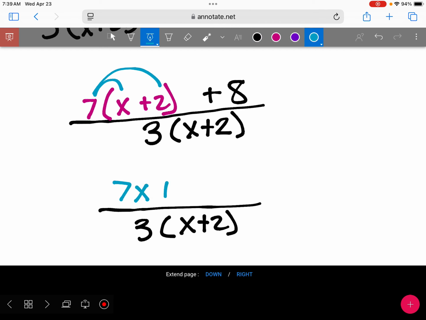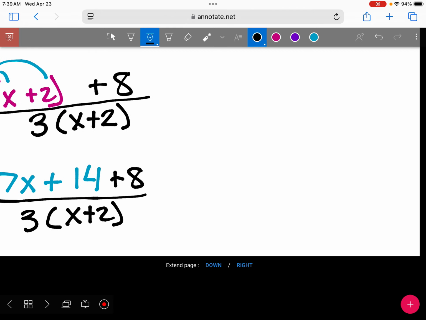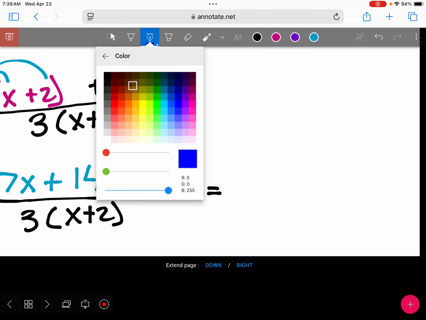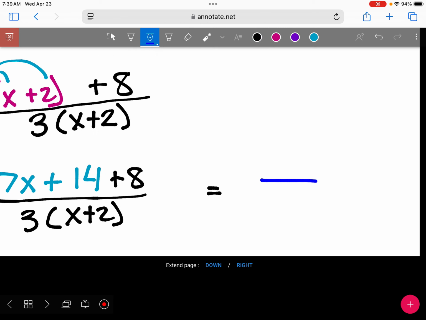We get 7x plus 14 on the top, plus 8. What is 7x plus 14 plus 8 going to simplify to? My brain can't think. 7x plus 22.